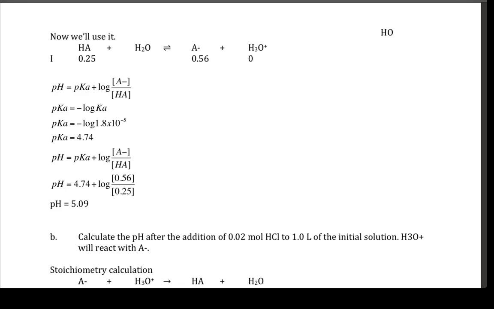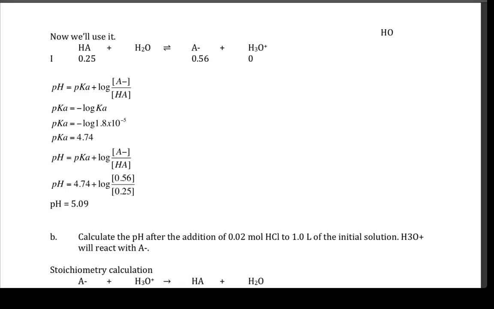So pKa is negative log of 1.8 times 10 to the minus 5, and we get pKa to be 4.74. So pH equals 4.74 plus the log of 0.56 over 0.25.